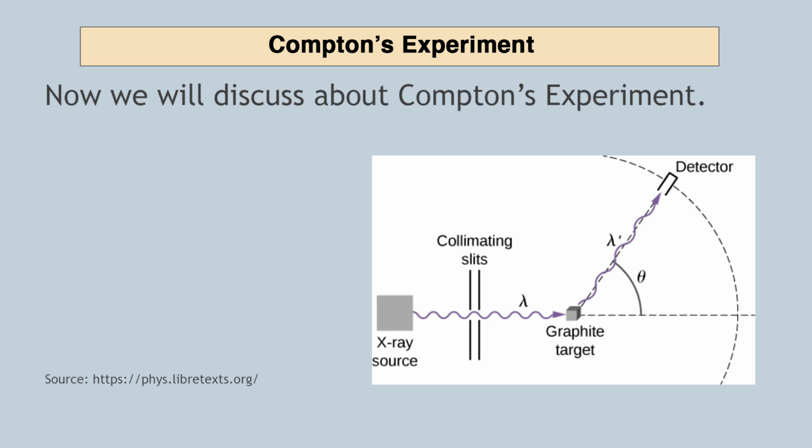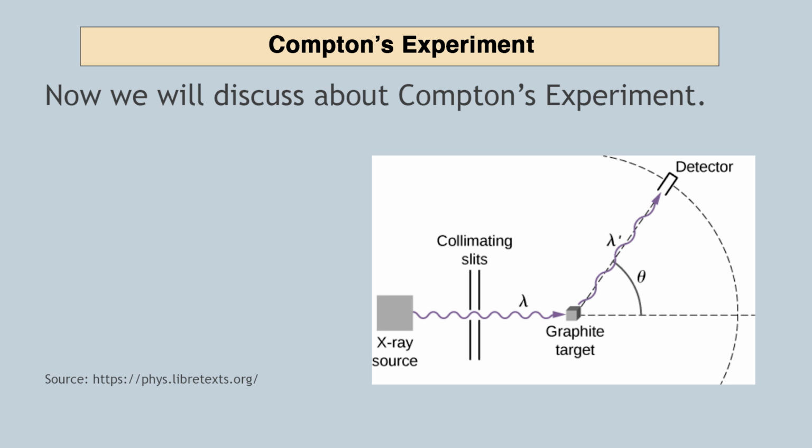The latter emerge as scattered X-rays with wavelength lambda dash. A detector placed behind the target measures the intensity of radiation scattered in any direction theta, where theta is the angle between the direction of the scattered beam and the direction of the incident beam. This angle is known as the scattering angle.